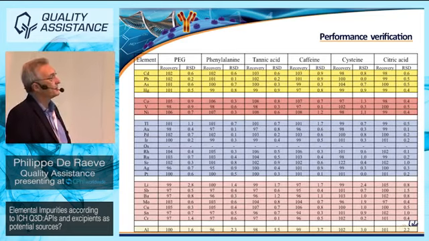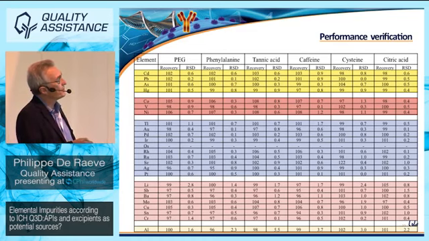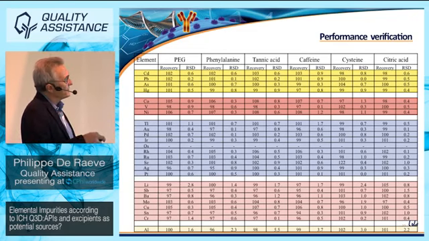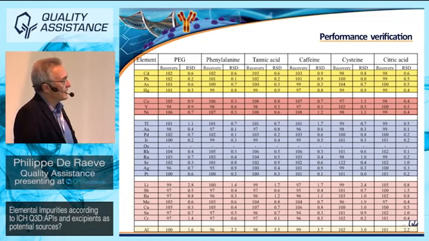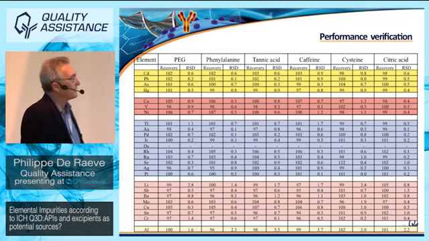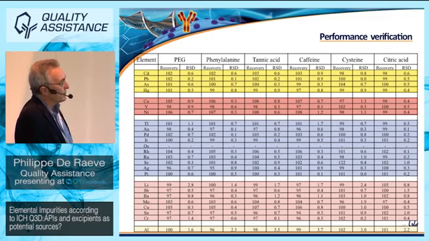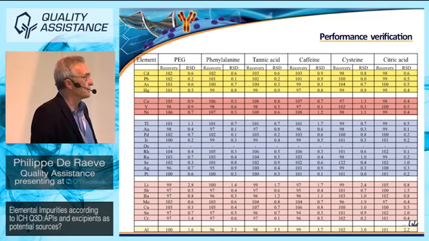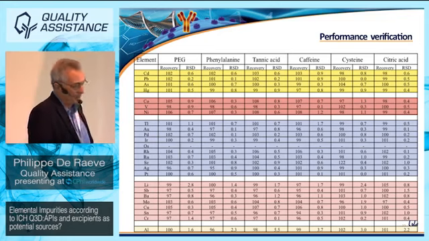Here are the results of the performance verification for polyethylene glycol, phenylalanine, tannic acid, and so on. You have always the recoveries and the RSDs. We will not review all the results, but once again, always close to 100% with very good RSDs, lower than 5% for most of the elemental impurities.